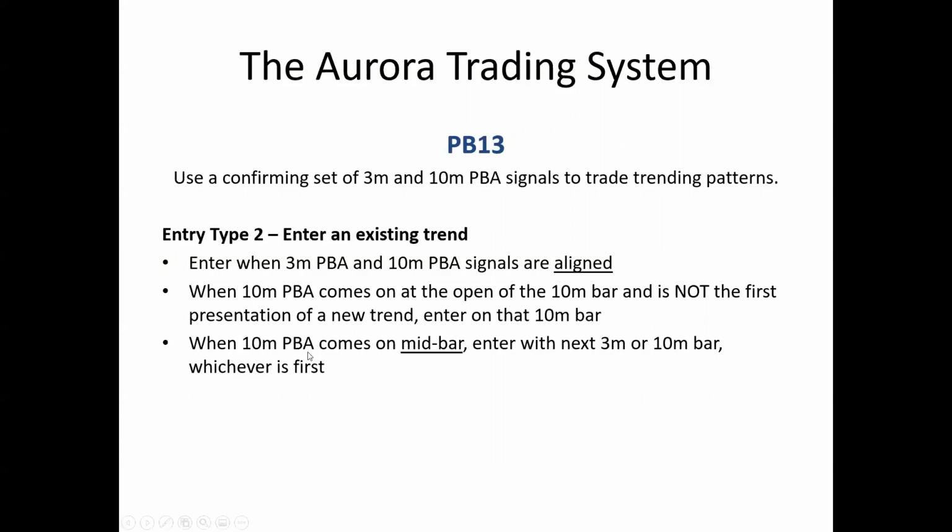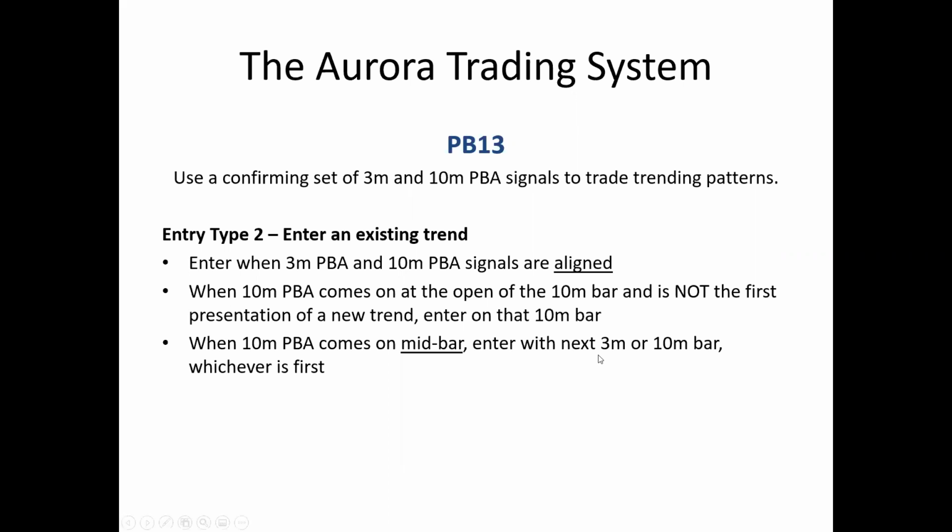When the 10-minute PBA comes on mid-bar, you still follow the same rule for entry as in entry type 1, where you wait for the next bar to confirm, and that's either going to be the 3-minute or the 10-minute, whichever comes first. It just depends on how far into the 10-minute bar print you are.